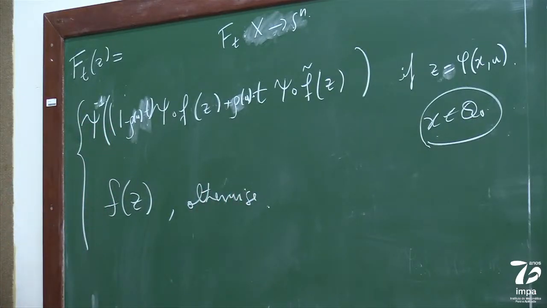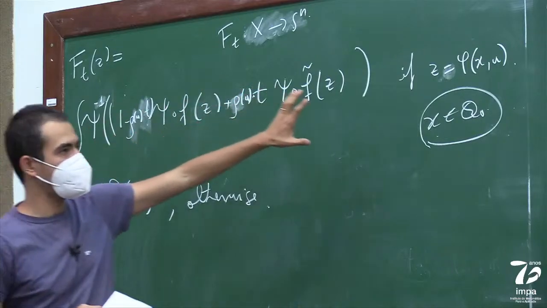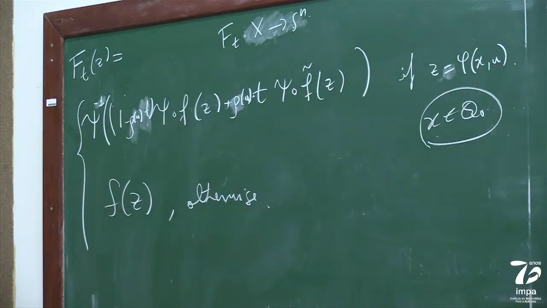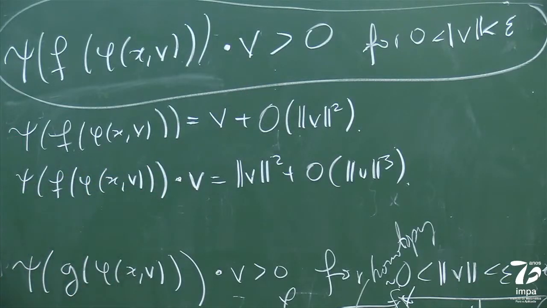And the point here, the reason that I make this super annoying choice, and I want this condition, is that if this condition holds for the whole homotopy, then I'll guarantee that the only time I actually hit 0 is at the middle of the point, for v equals 0.